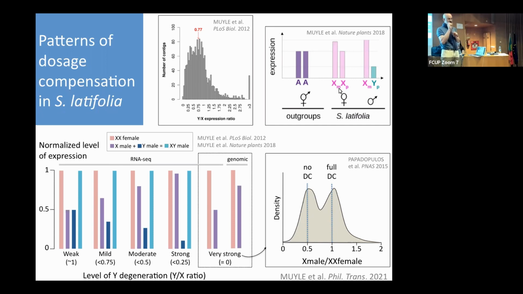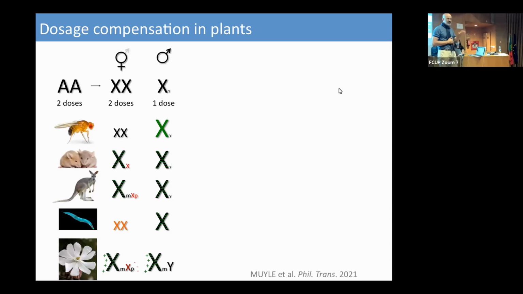It's the X from the mother that is modified and overexpressed, and this is true for males and also for females. So actually in this species, the females have a problem of overdosage. And this is very interesting. Maybe it has to do with the fact that the system is young.